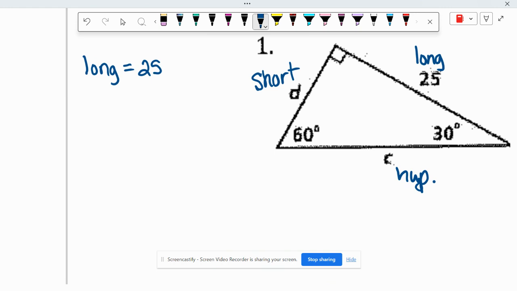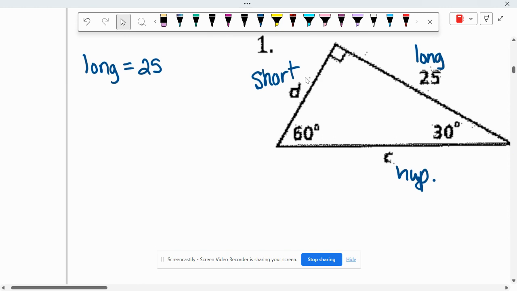What is the rule to find the long leg? We just wrote it at the bottom. Not for 45, 45, for 30, 60, 90. It's the short times the square root of 3, right? Do you guys see that?